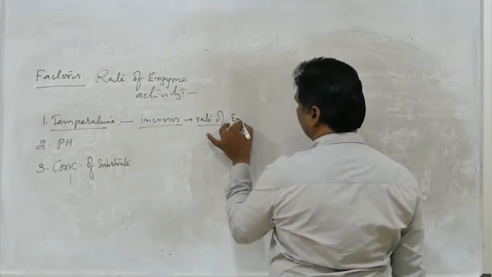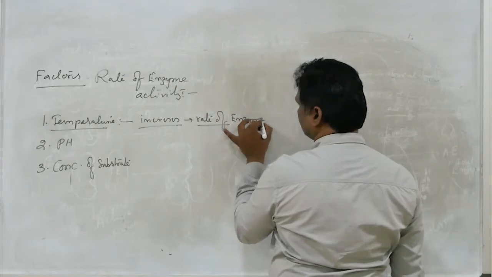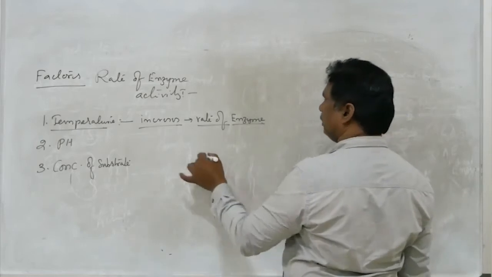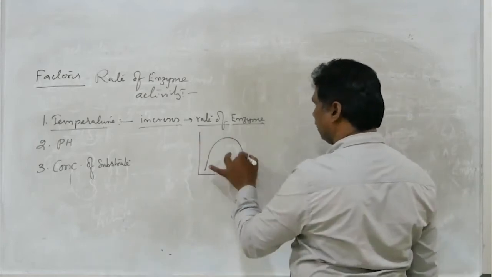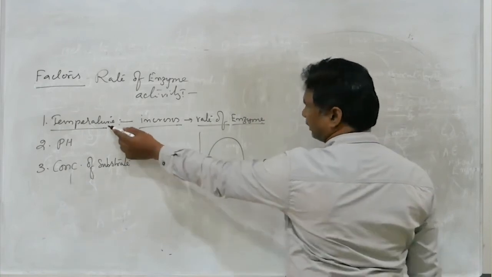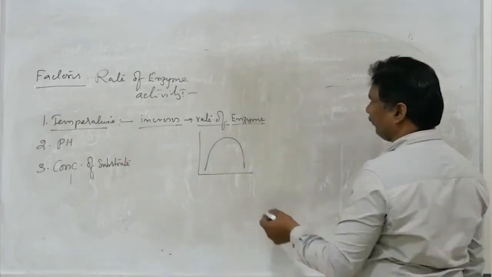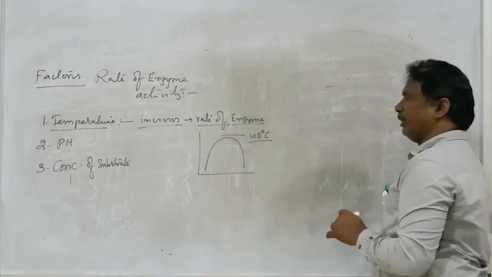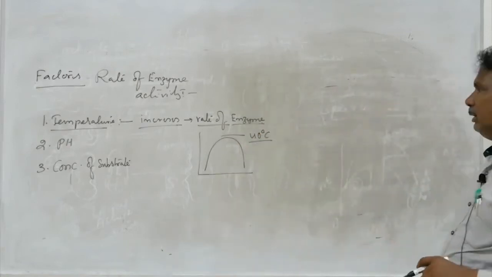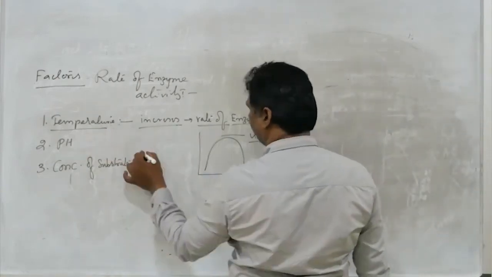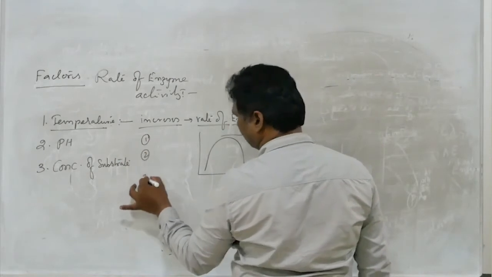You can see that graph like this also. First of all, enzymatic activity is increased with increase in the temperature, then after decreases beyond 40 degrees. So you can see the important bits of the effect of temperature on enzymatic activity.